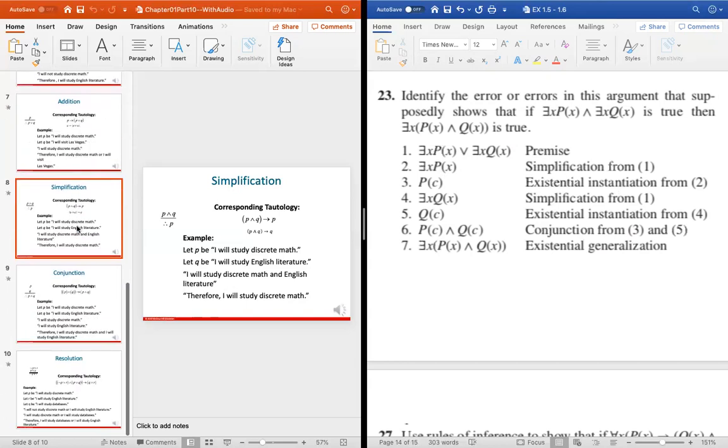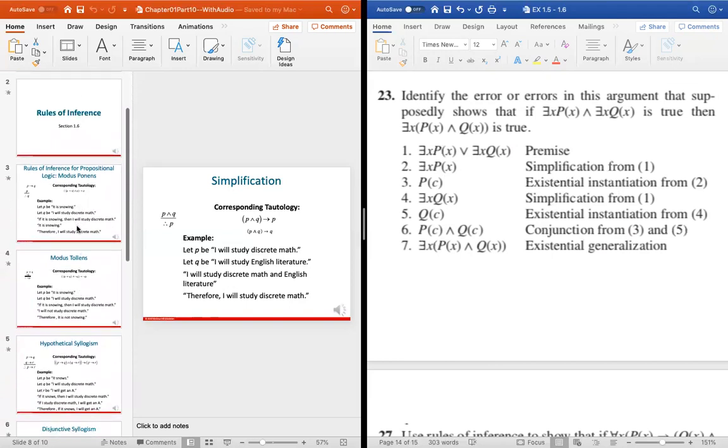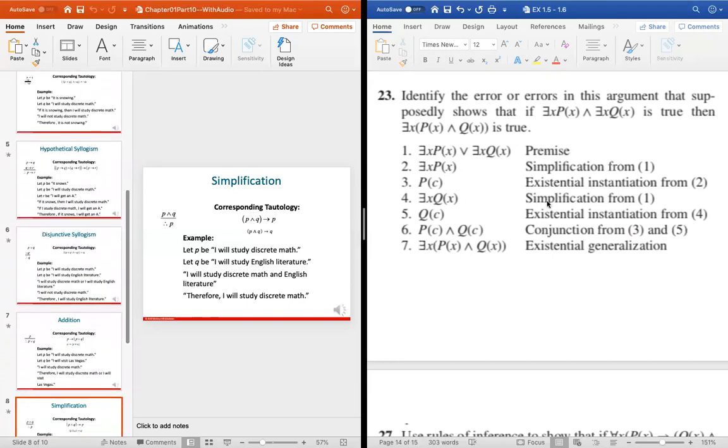So basically, existential instantiation is when they pick up c from the domain of x, so they have a c in x, they just took out c, which is good. Then they are applying simplification from 1 to get this. Again, this is not correct because they cannot apply simplification on an or, they need an and, right?